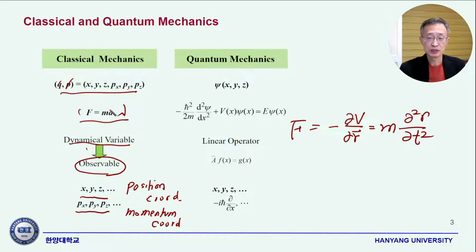On the other hand, in quantum mechanics, we don't have such a deterministic trajectory. Instead, we describe the state, given p and q at some time t with the equations of motion, with a state function.